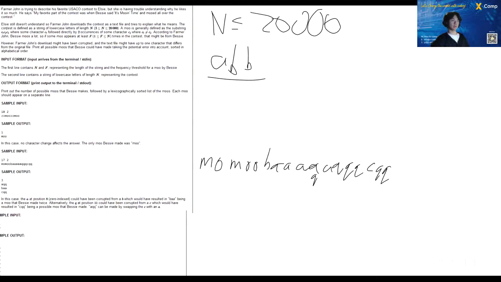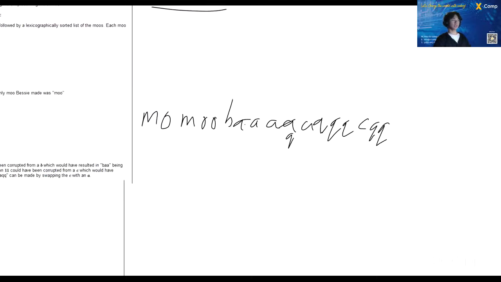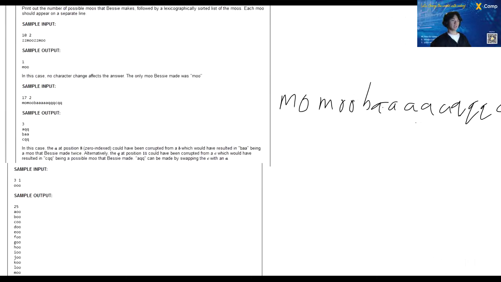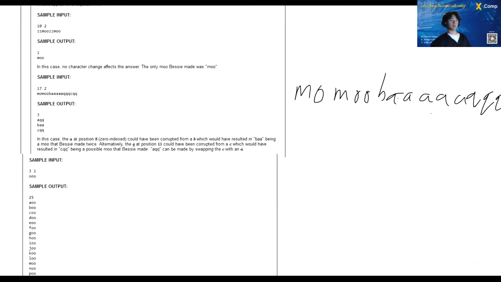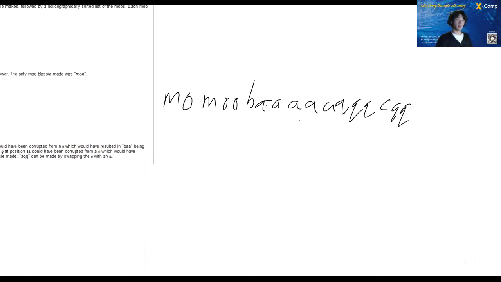This one and this one, by doing a modification. However, we can also do different modifications. We can instead turn this A into a B, and we'll get 2 BAAs, right? So that's another possible one. And the third one is turning this Q into a C, and we'll have two CQQs. Okay, so that's our three possible explanations.